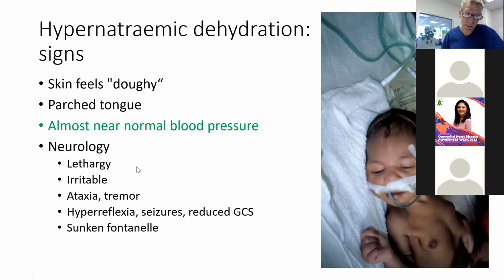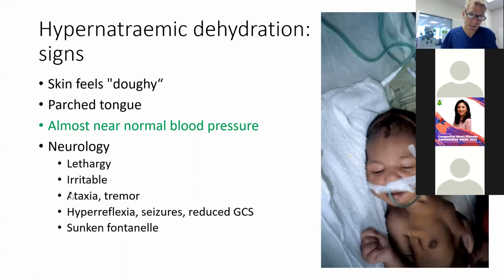And so hypernatremic dehydration, like this baby's got, often presents with neurological features, and very often such children are mistaken for having meningitis. So if you see a child who's got diarrhea or vomiting and irritability, then think whether they could have hypernatremic dehydration, because sometimes they'll have all the features of meningitis.